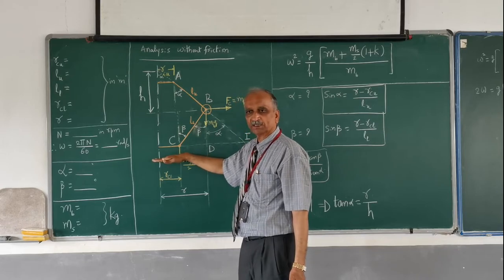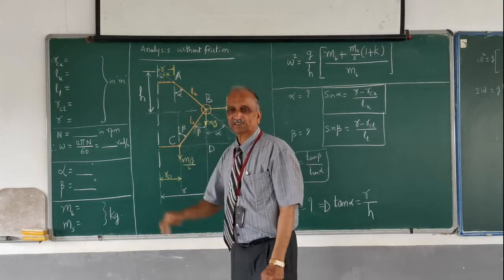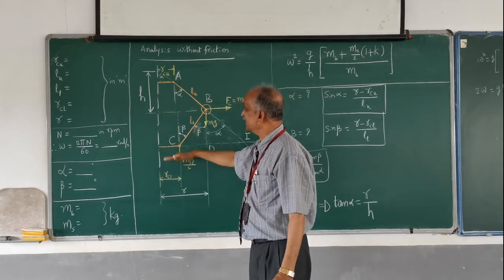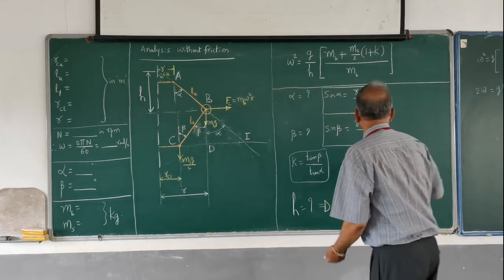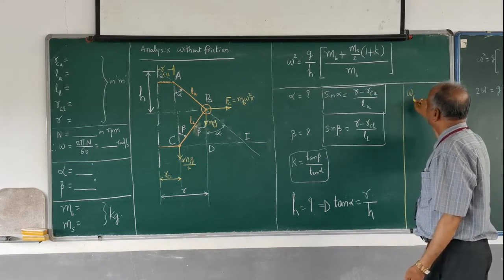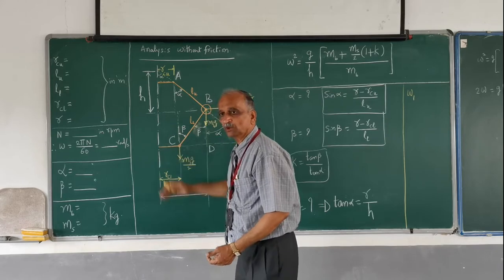There is a limit for that position, and that I call the lowest position of the sleeve, and at that time the speed is going to be the lowest. Let me call that lowest speed omega 1. At that time the sleeve is at its bottommost position.